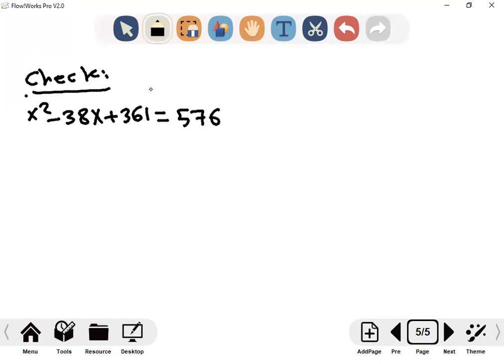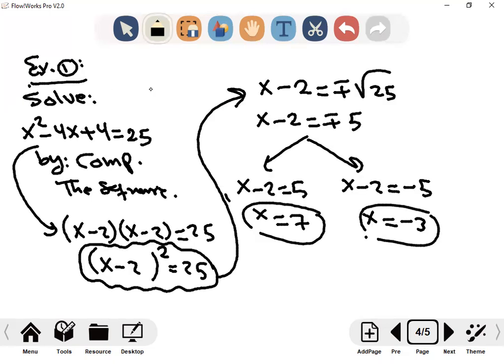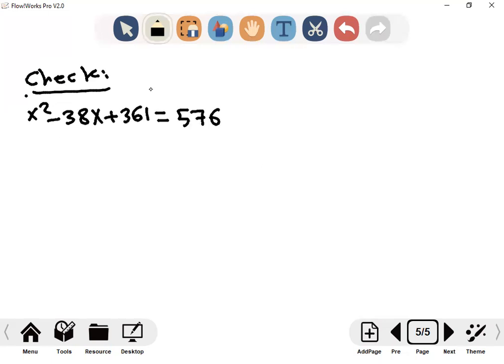Now to factorize it, two numbers, if you multiply them 361, if you add them 38: 19 and 19. Like the previous example, they were 2 and 2, half of 4 is 2, 2 power 2 is 4. So here, 576 leave it.